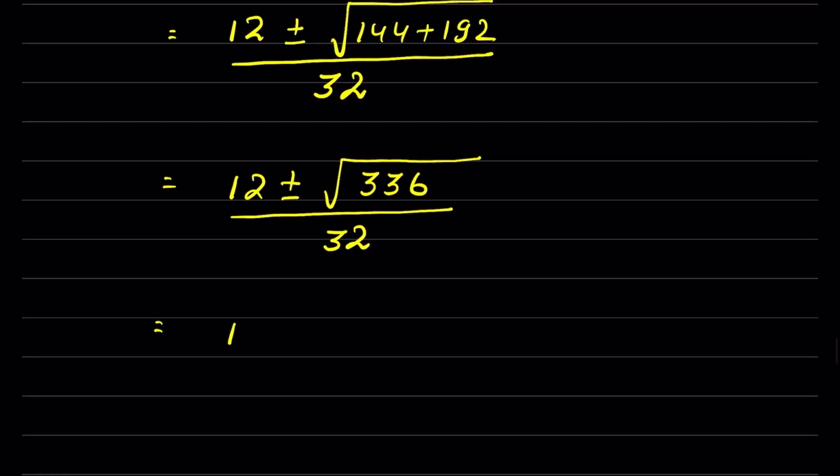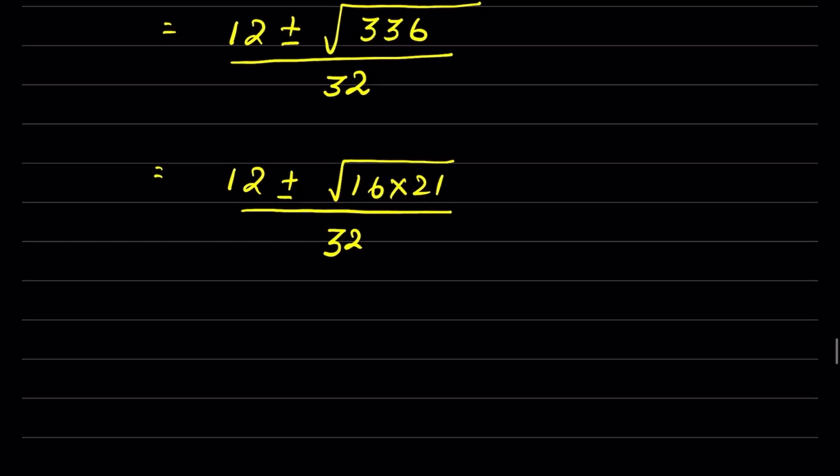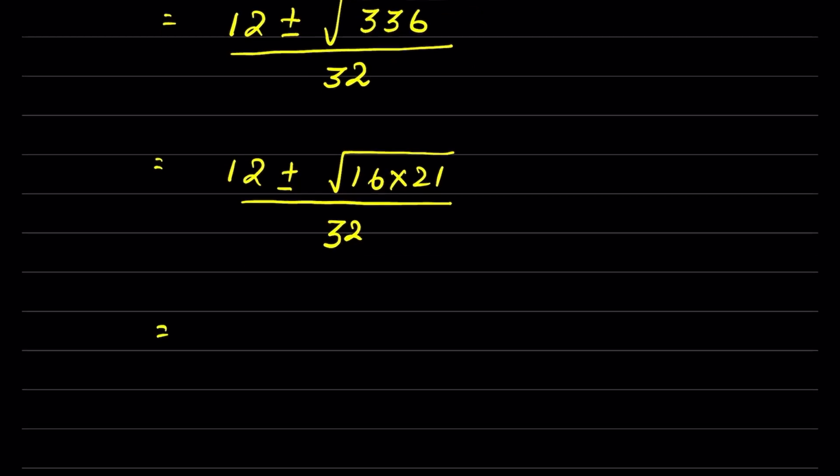We can write 336 as 16 times 21 upon 32, or if we take 16 out of the square root, it will be 12 plus minus 4 times square root of 21 upon 32.